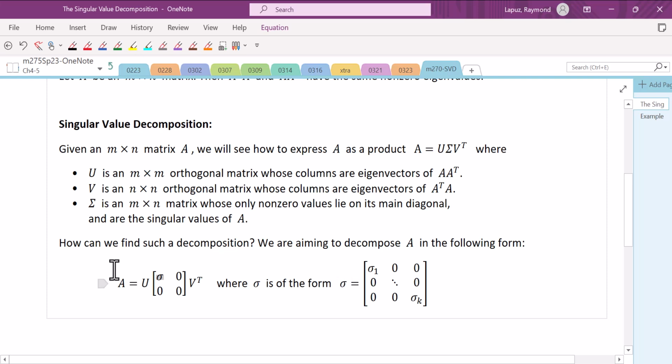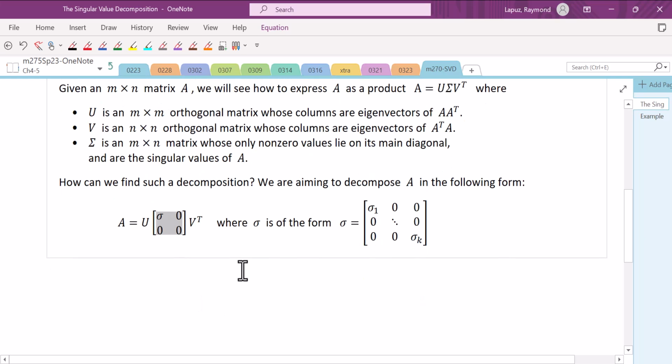And so the sigma is actually not just one element, but a diagonal matrix. And then the number of zeros that we have for the rest of the columns and rows will depend on the size of the matrix.